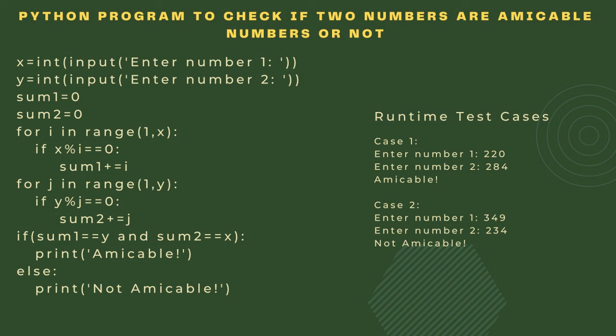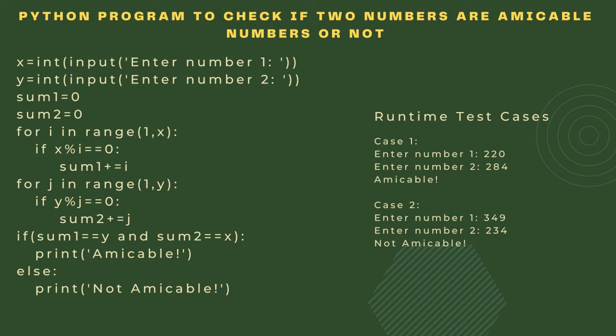6. Exit. Here is the source code of the Python program to check if two numbers are amicable numbers. Program explanation: 1. User must enter both the numbers and store it in separate variables. 2. Using a for loop and an if statement, find the proper divisors of both the numbers. 3.